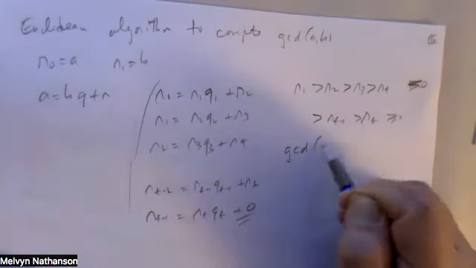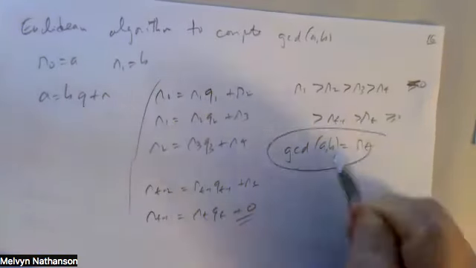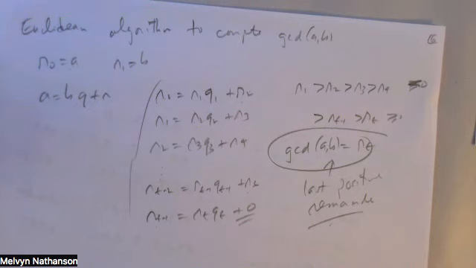So the GCD of A and B is going to equal RT, that is the last positive remainder in this sequence of divisions. Right. So this is the Euclidean algorithm.